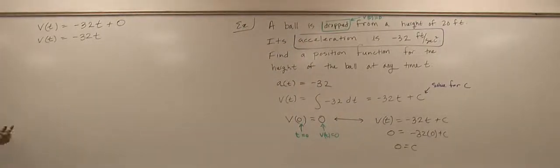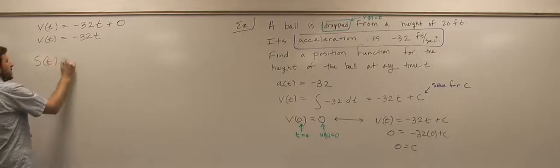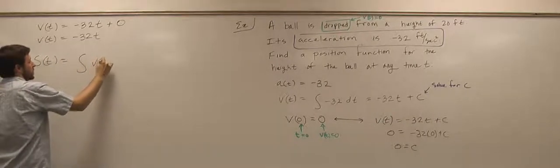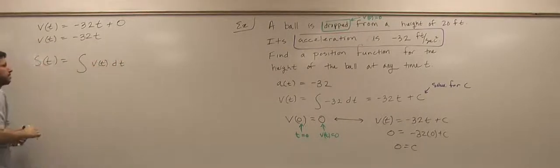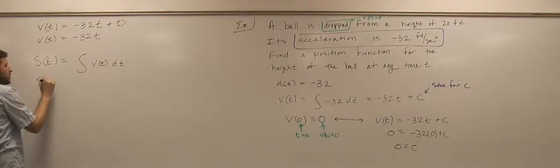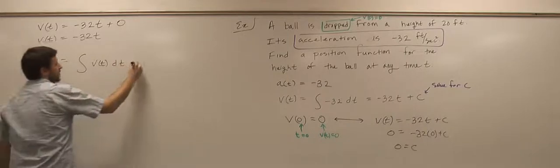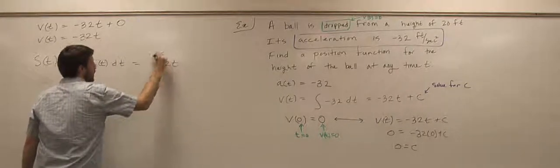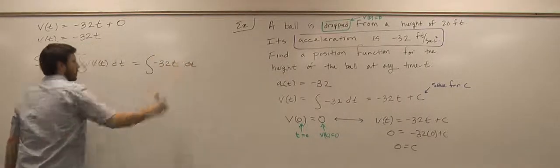But I don't care, I didn't ask for velocity, I want a position. So how do I go from this to position? Take the integral. Do the integral again, go backward one more time. Right, the position function is going to be equal to the integral of the velocity function. So the velocity function is negative 32t, so I do the integral.